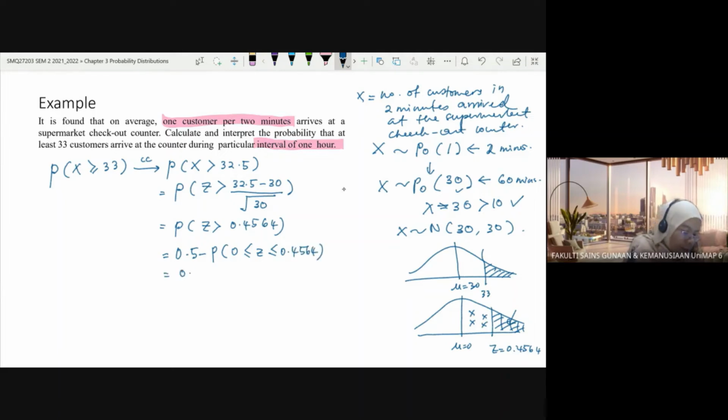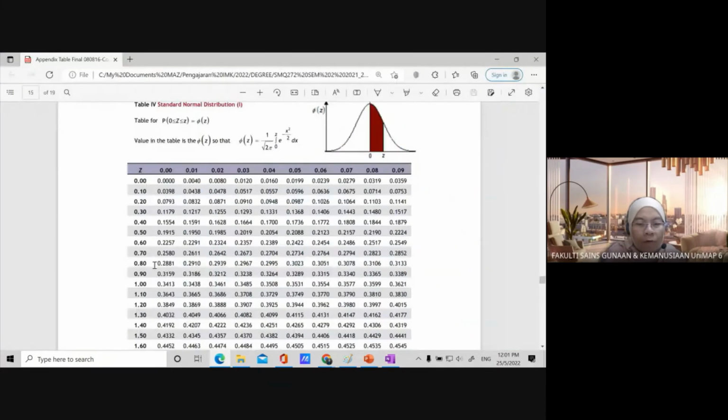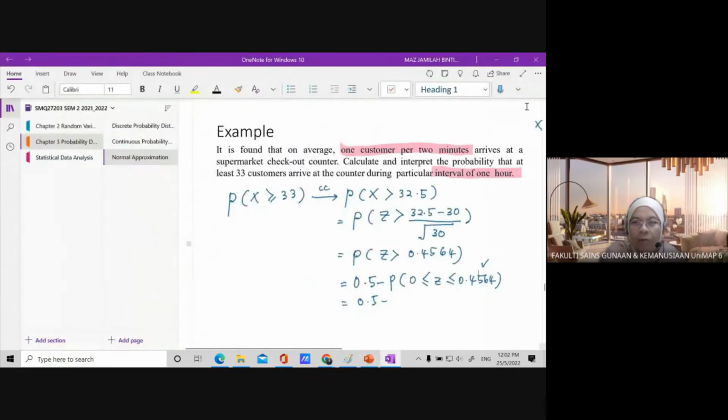Approximating 0.4564 to 0.46, from the standard normal distribution table the probability from 0 until 0.46 is 0.1772.